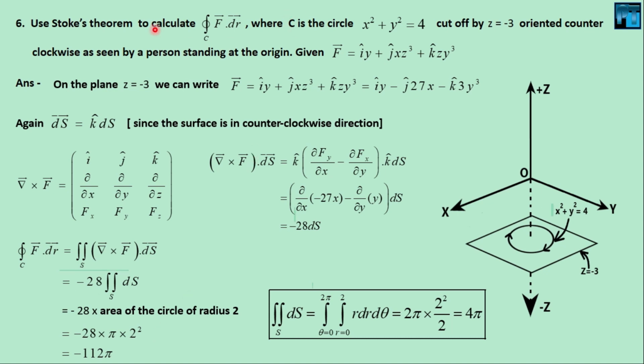Suppose the weightage of this problem is 3 or 2, then you can use the pi into 2 square. But if the weightage is 4, then there are some questions arising whether to use it or not. It's my personal view not to use it for weightage greater than 3.